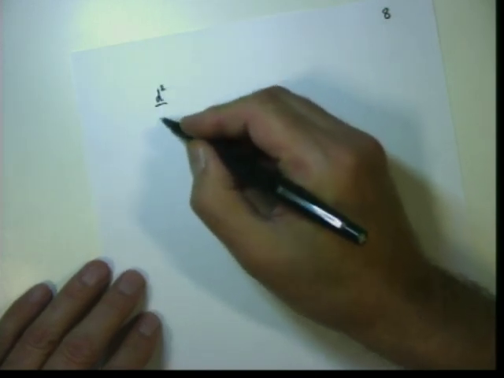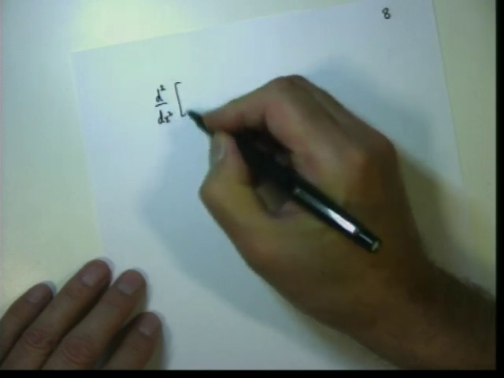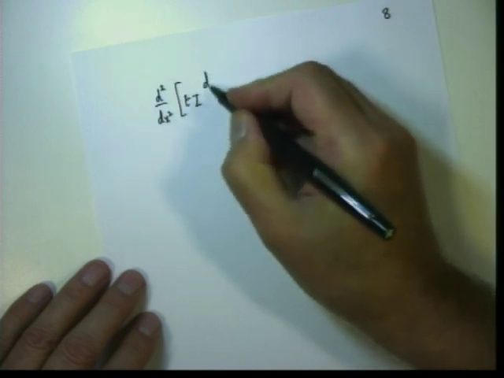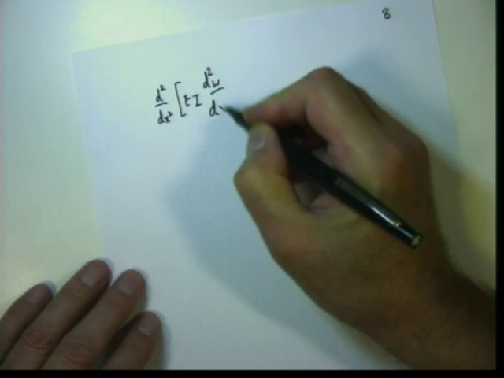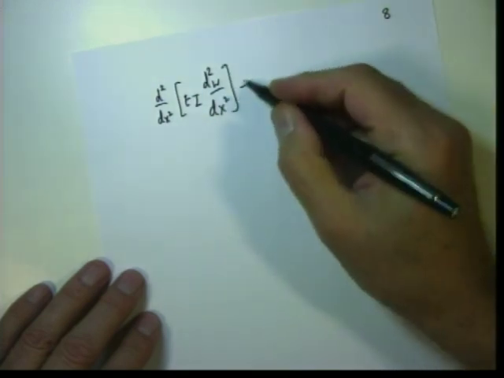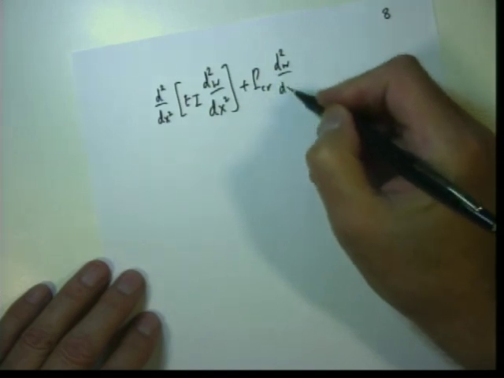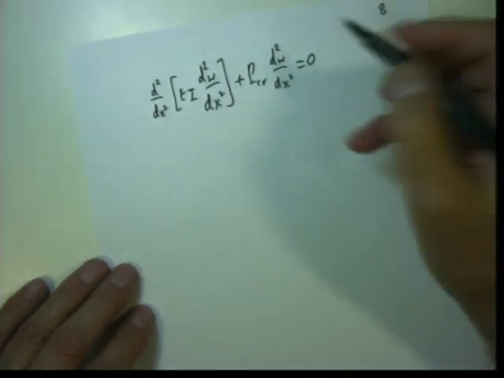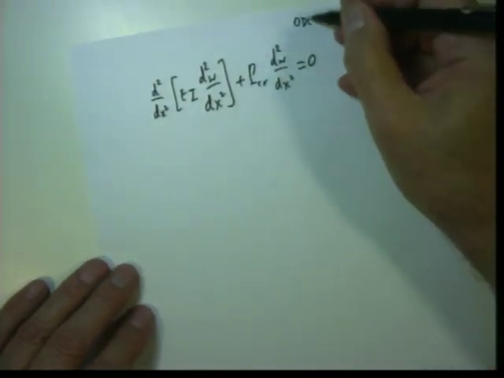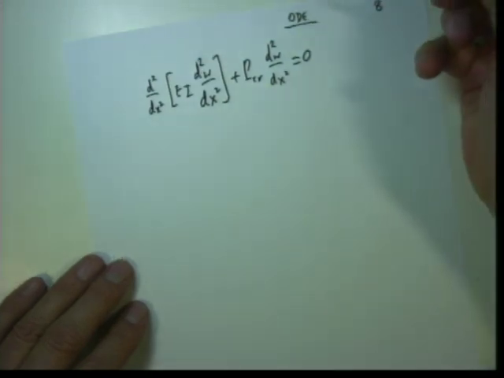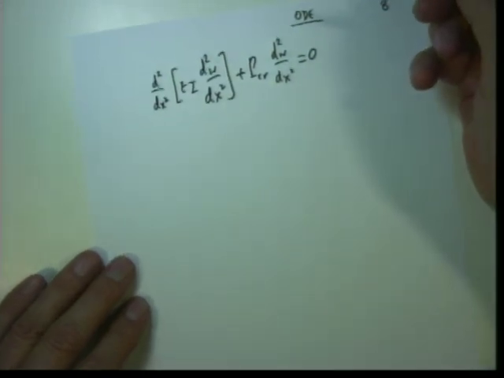That is d2/dx squared of EI d2w/dx squared plus P critical d2w/dx squared equals 0. That is an ordinary differential equation, the governing differential equation.